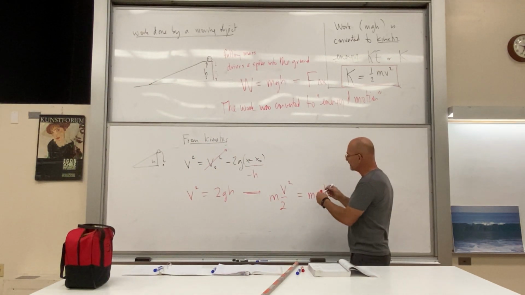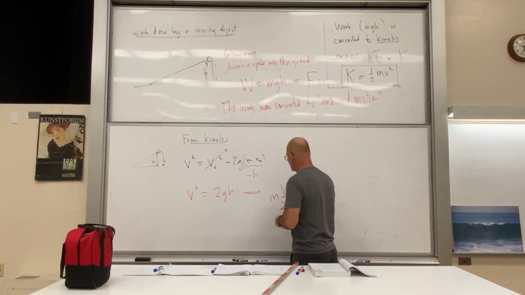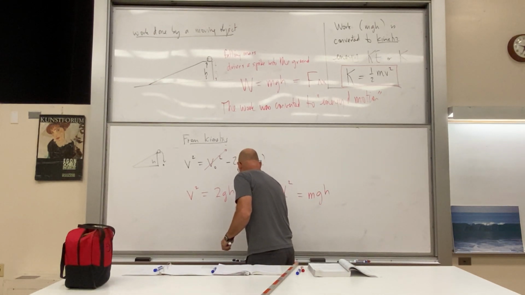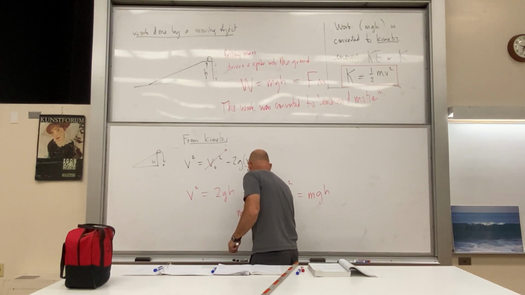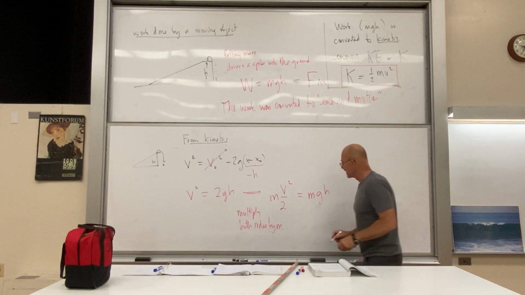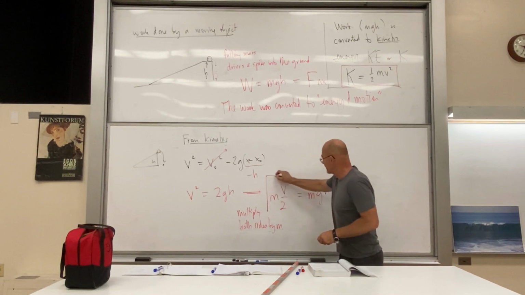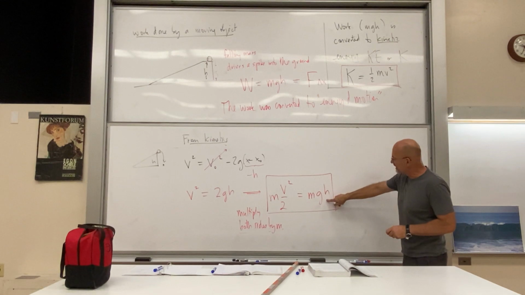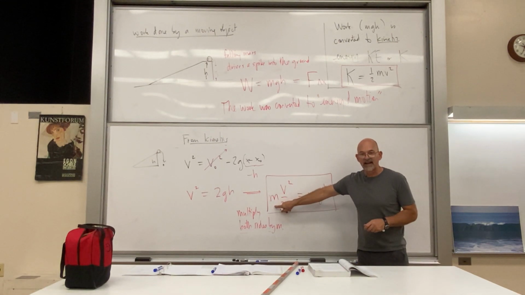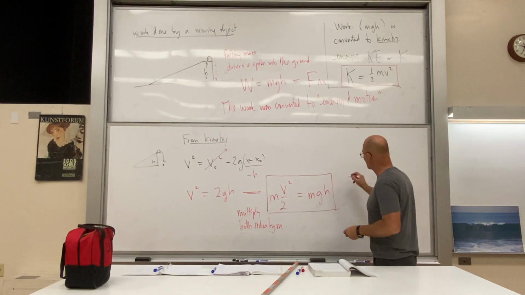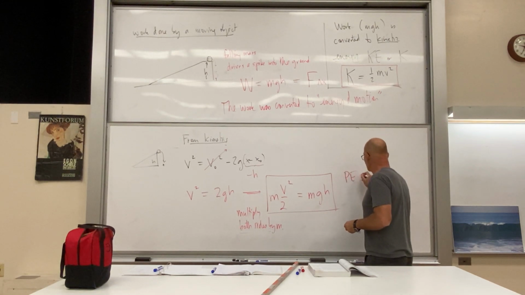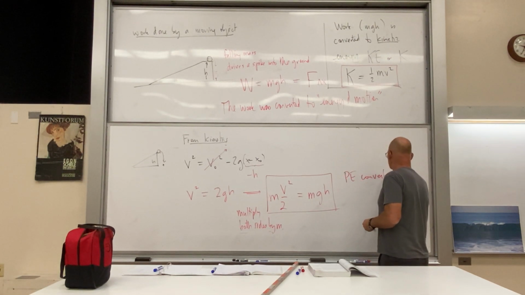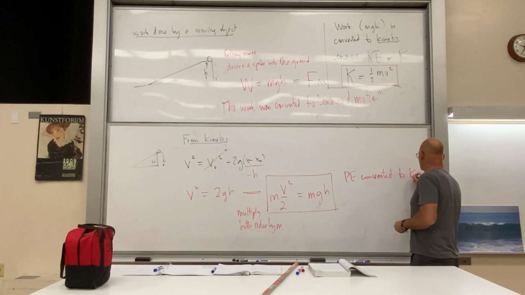Simply by multiplying by m, so let's go ahead and write, multiply both sides by m. Okay. And then we get this, and what we had is potential energy was converted into kinetic energy, okay, what the equal sign is. So potential energy converted to kinetic energy.